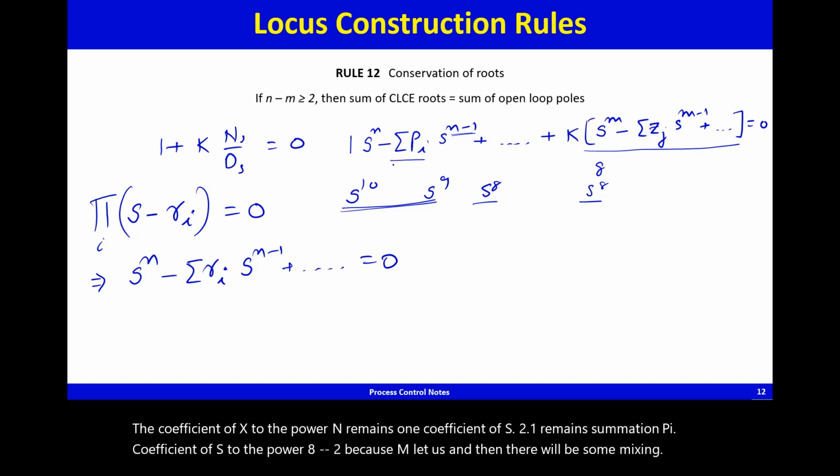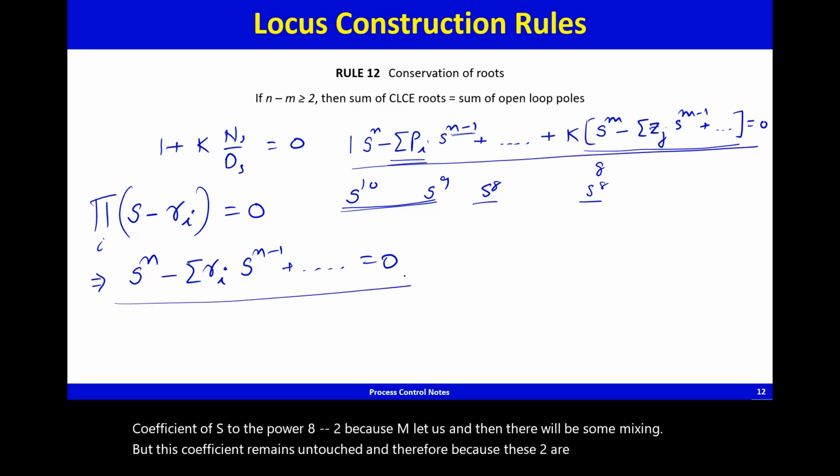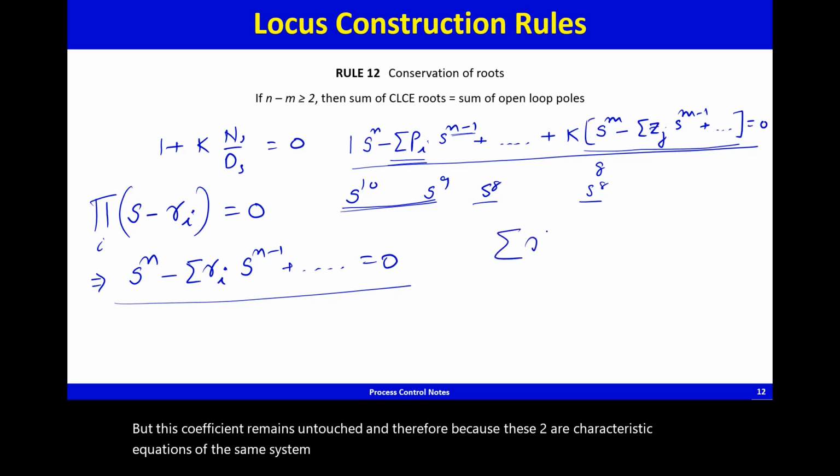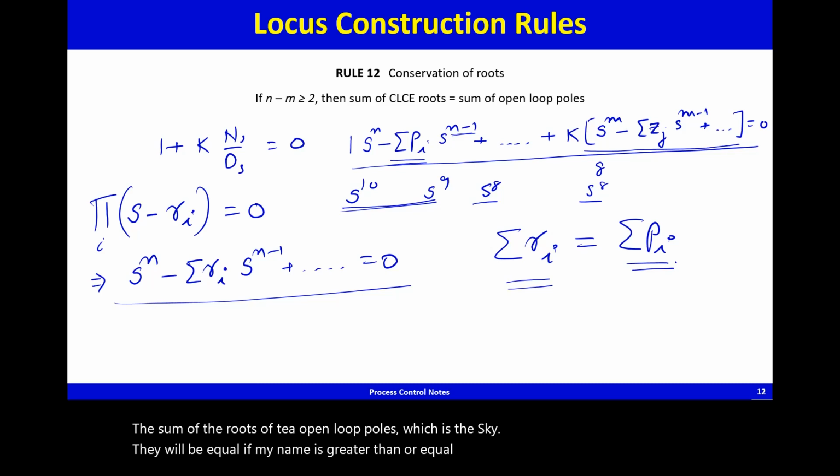But the earlier coefficient remains untouched, and therefore, because these two are characteristic equations of the same system, summation Ri must be equal to summation Pi, which is the law of conservation of roots. The sum of the roots of the closed loop characteristic equation and the sum of the open loop poles will be equal if n minus m is greater than or equal to 2. This is the law of conservation of roots.